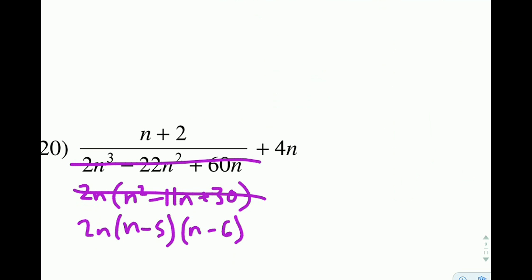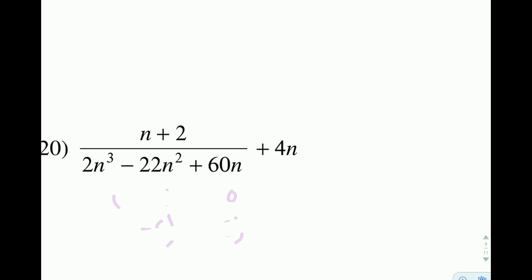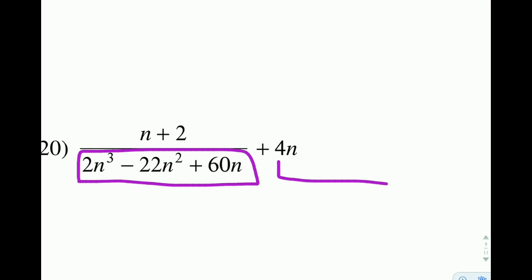It didn't. And because of the fact that nothing actually could cancel, keeping these factorings that I did might not necessarily be all that useful. Since it doesn't reduce anyways, it might be easier to just work with the original denominator right here, to take this whole thing and multiply it top and bottom over here by this 4n, so that we can add them together, and that would be my common denominator then all the way across that I use in my answer.